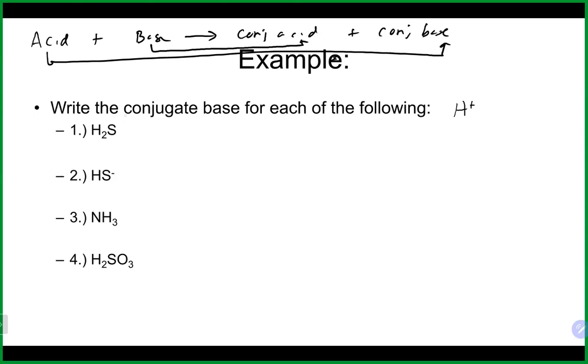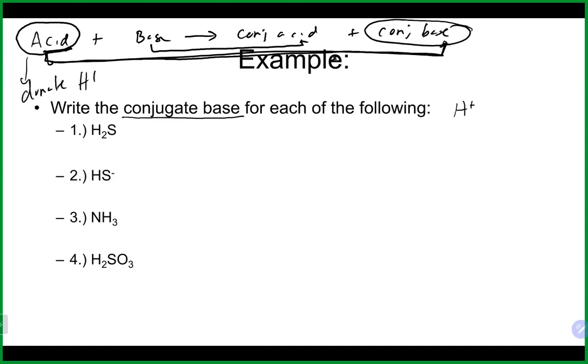So in this particular case, we're asked to write the conjugate base, which would be this guy, which means if we follow this all the way back to the other side, that means that each of the things that we're looking at is an acid. And the Bronsted Lowry definition of an acid is somebody that will donate an H plus. So that tells us that for each of these, we need to actually take off the H plus here. So that's what we should do.